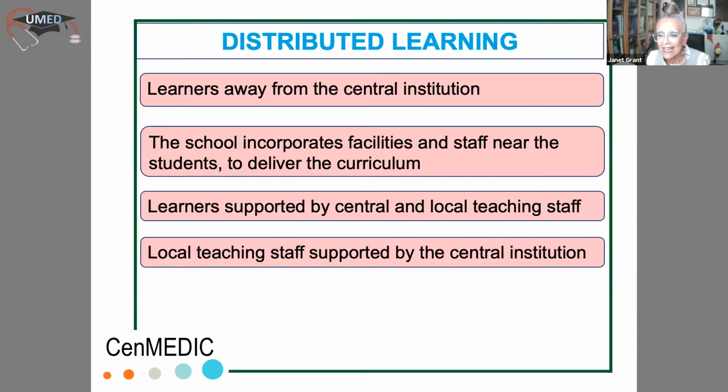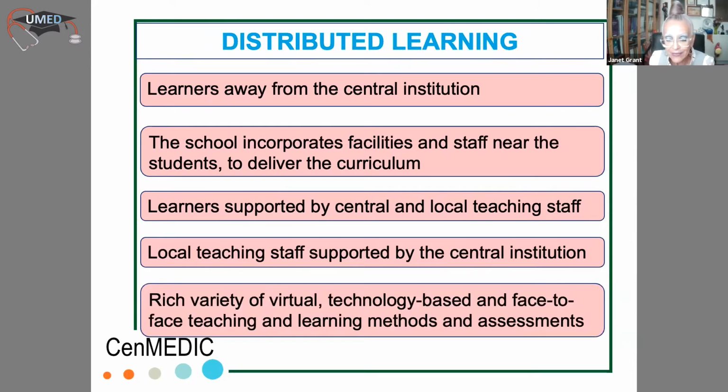Importantly, if this is a distributed school, it's not only the students who need support, it's the teaching staff who need support, and maybe even local managers who need support. So it's all of those functions of the school which become distributed. And then within that, you will have a rich variety, which you're demonstrating today, of virtual, technology-based and face-to-face teaching. Lots of actual face-to-face stuff.